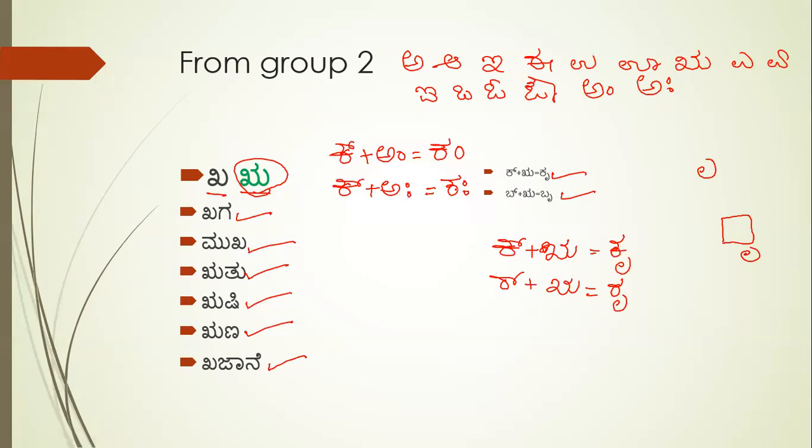So what I want to teach you finally is the best way of remembering these, whether you have to take above or below or side. If it is any consonant, it has talekattu. If it is a, then any consonant, it will take a mark down like this.